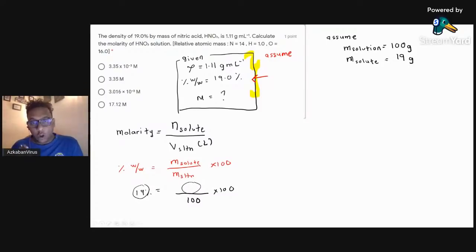Once we have the mass of solute, we can find the mole of solute. The mole of solute, which is our HNO3, is equal to 19 gram divided by 1 plus 14 plus 3 times 16.